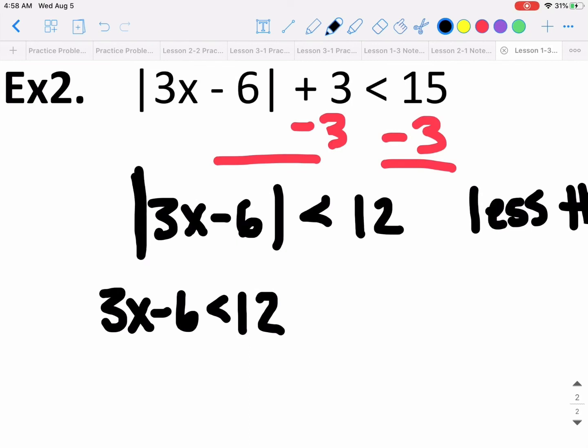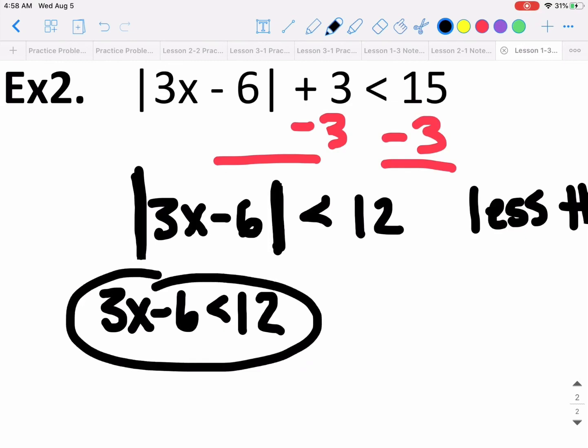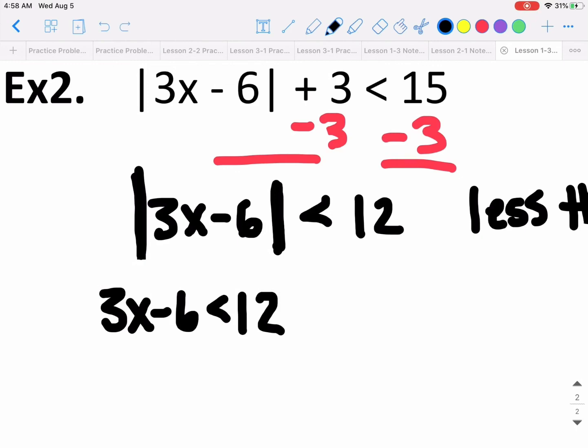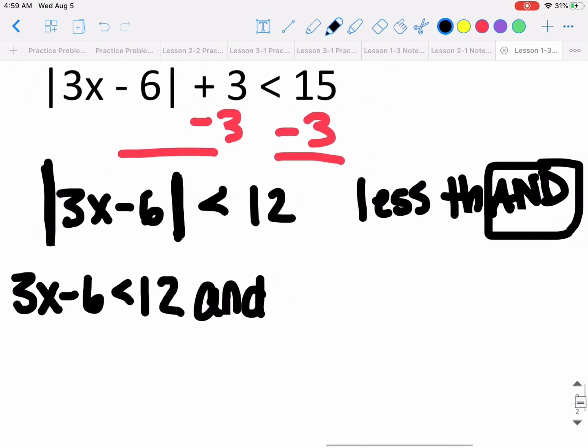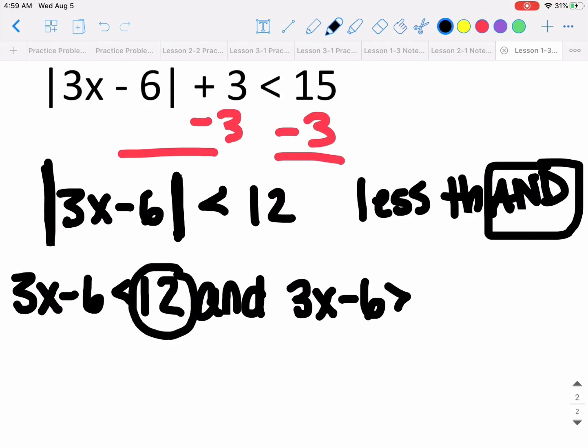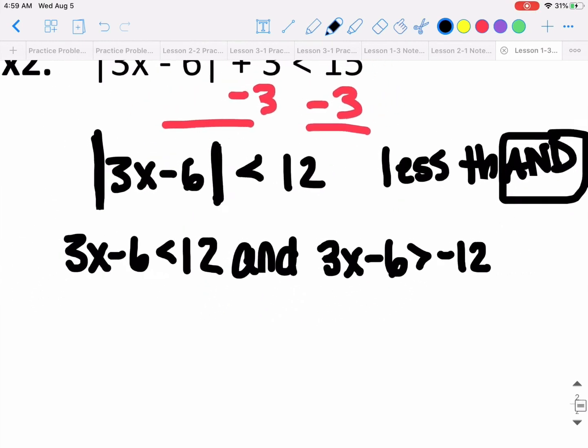I just drop these absolute value bars and rewrite whatever I have. And, because I know and goes in between, my second inequality is 3x minus 6, and I'm changing this less than sign to a greater than sign, and I'm changing this 12 to negative 12. Those are my two inequalities.